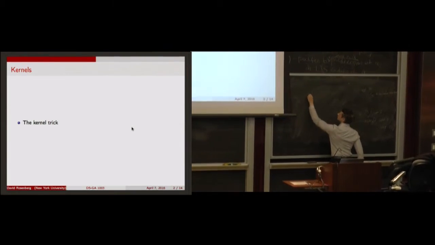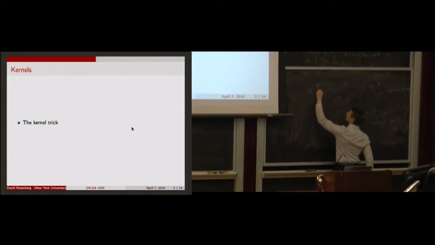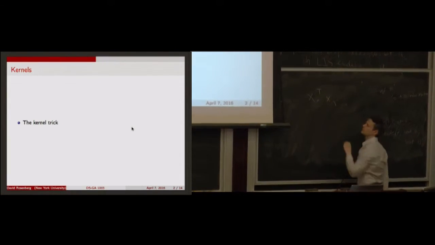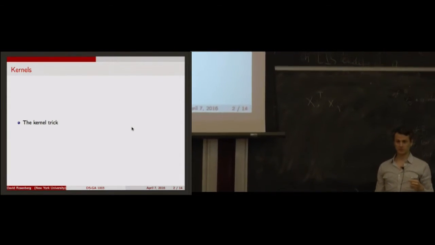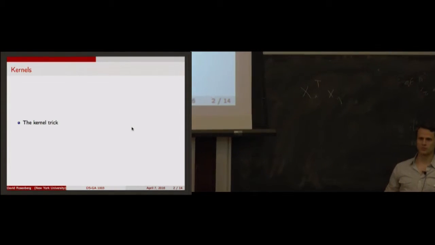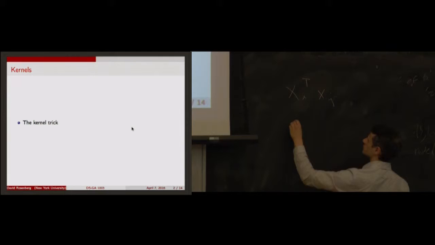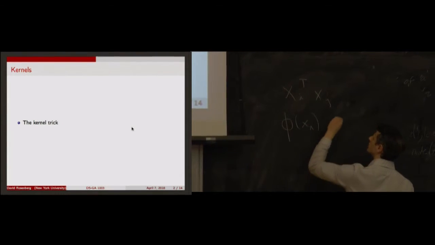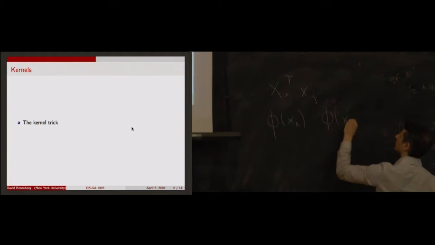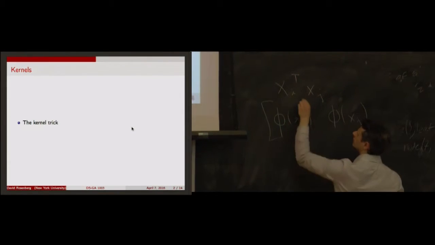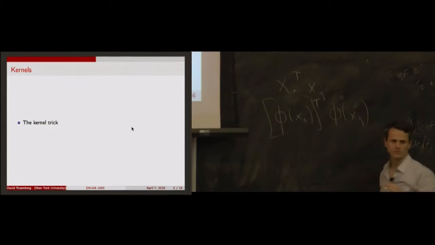So suppose we have xi transpose xj. The first thing we can do, and we can always do this, is replace it by a new feature mapping. So it could be like phi of xi, phi of xj transpose. Okay?